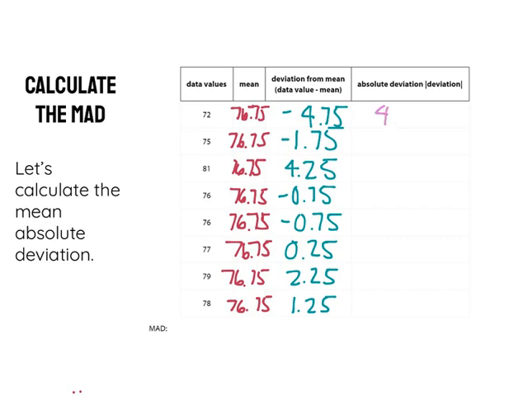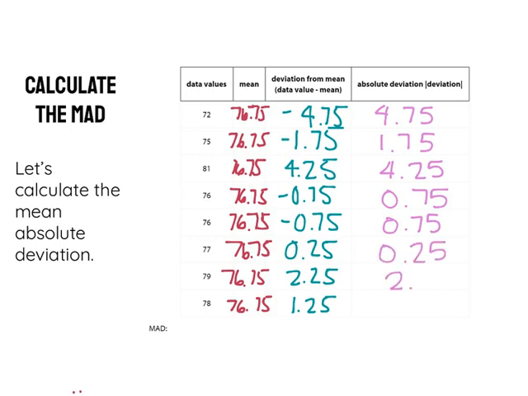So this is going to be positive 4.75, positive 1.75. 4.25 is going to stay positive. 0.75 is going to become positive. Same for this one. 0.25 stays positive. So does 2.25 and 1.25.